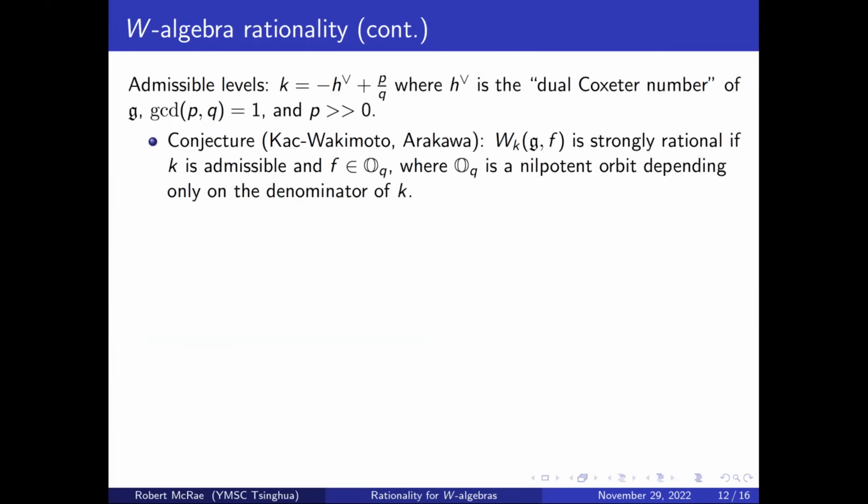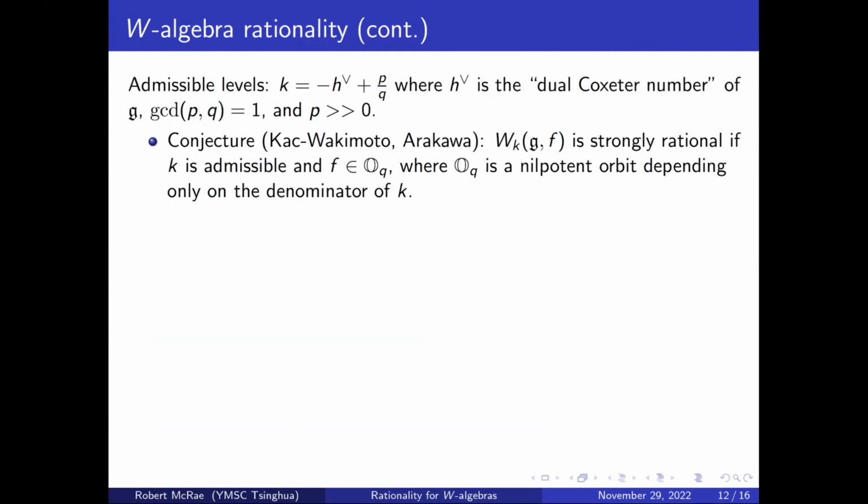So then to get rational W-algebras, it's helpful to take the level to be an admissible rational number. So these admissible levels are rational numbers which are greater than the dual Coxeter number of the Lie algebra.